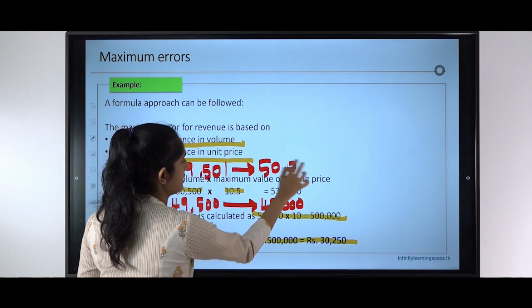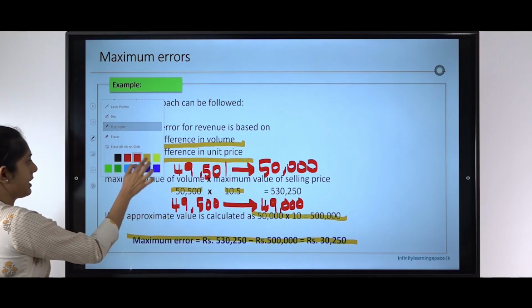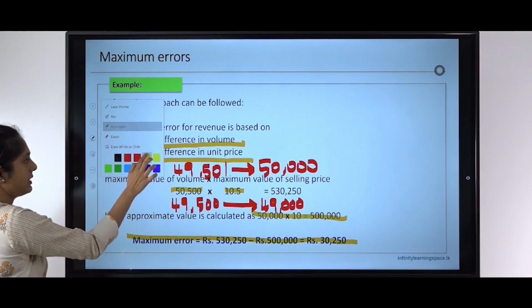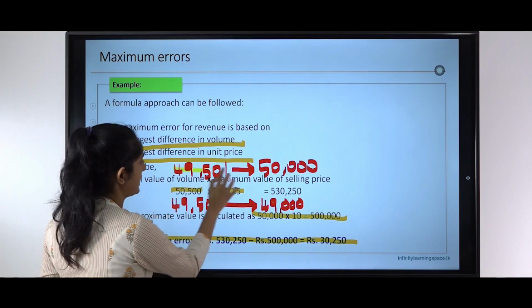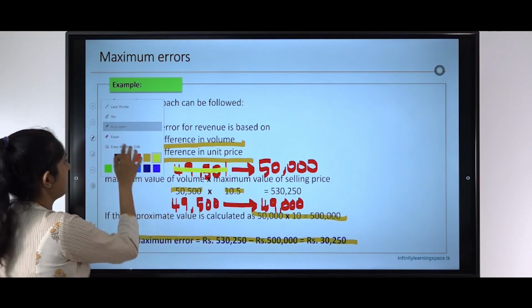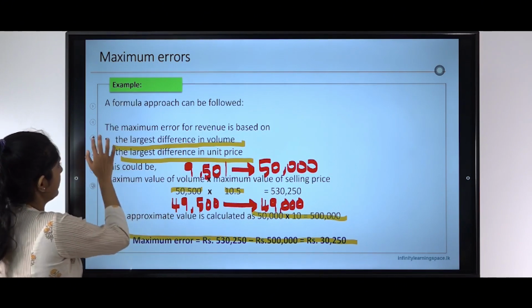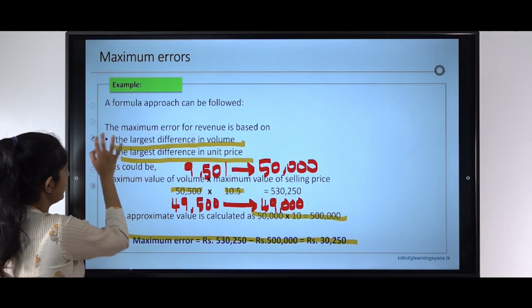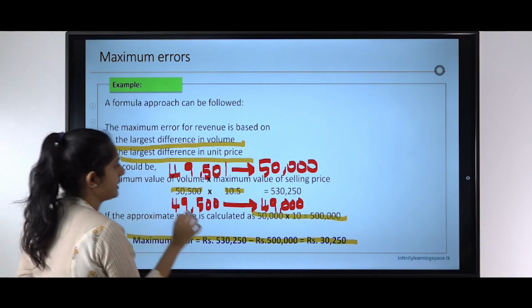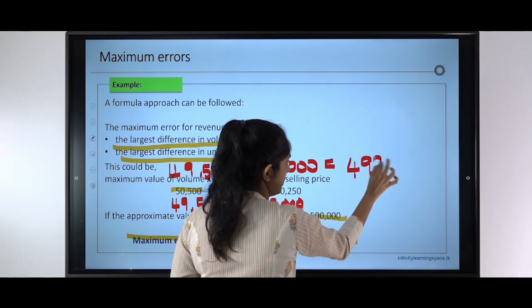50,000, right? So because of this only we thought, now where is our maximum possible gap? Here the gap is 49,500, let's see, the maximum gap here is 499, right?